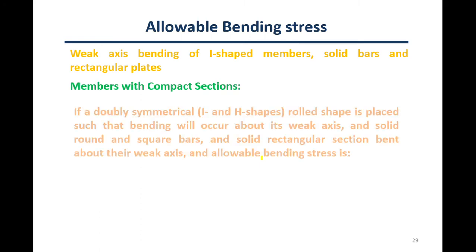Okay. So weak axis bending of I-shaped members, solid bars, and rectangular plates. For members with compact sections, if a doubly symmetrical rolled shape is placed such that bending will occur about its weak axis, and solid round and square bars and solid rectangular sections bent across their weak axis, the allowable bending stress is FB equal to 0.75 of Fy.